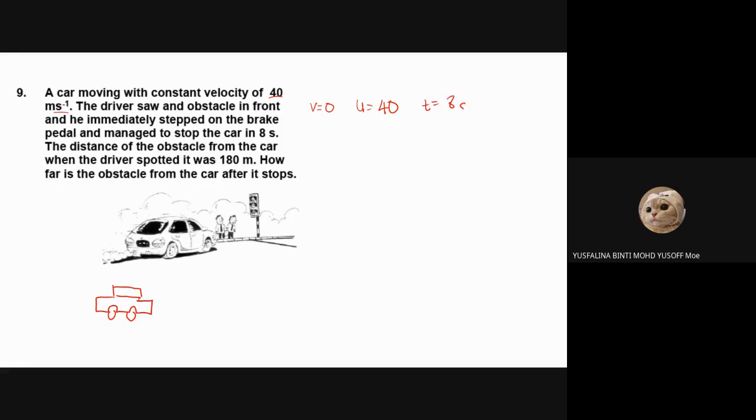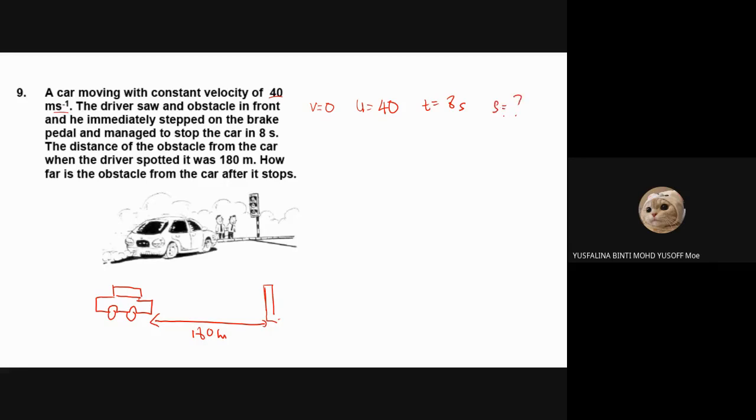The distance of the obstacle from the car when the driver spotted it was 180 meters. Let's say this is the obstacle. So you have to find S first.